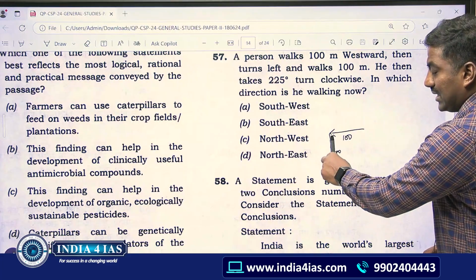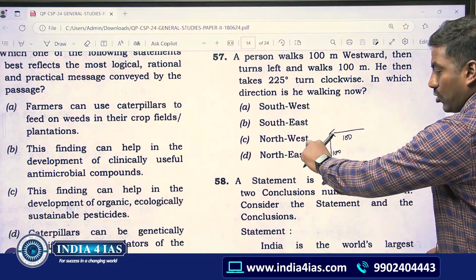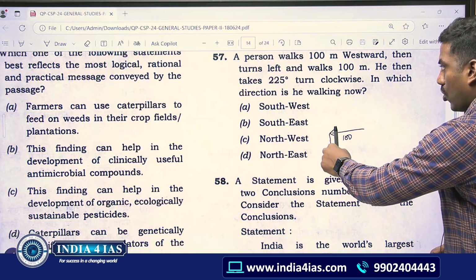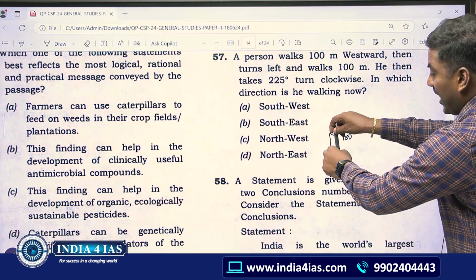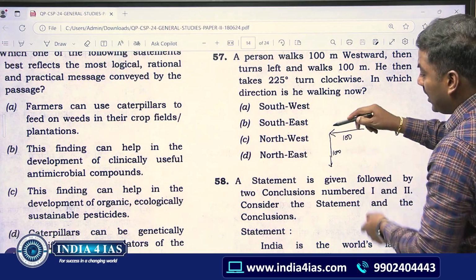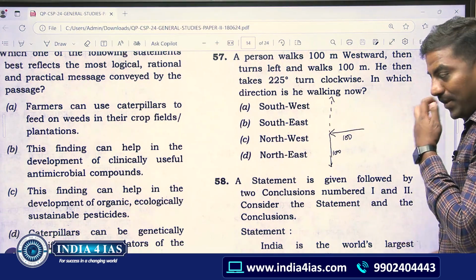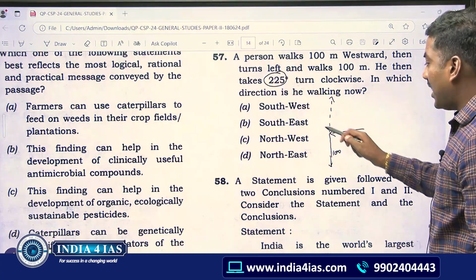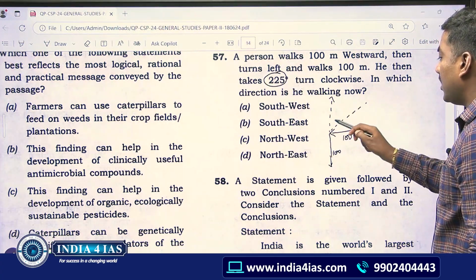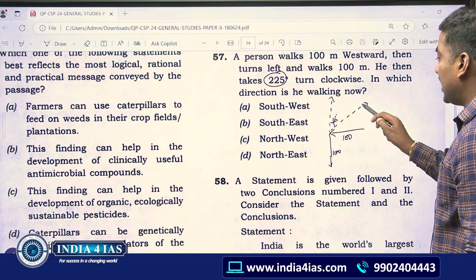Clockwise movement is this. Clock moves like this: 6 o'clock, 7 o'clock, 8 o'clock, 9 o'clock. So clockwise 225: if you take clockwise 180 degrees, this will be the direction. Then for 225, another 45 degrees.